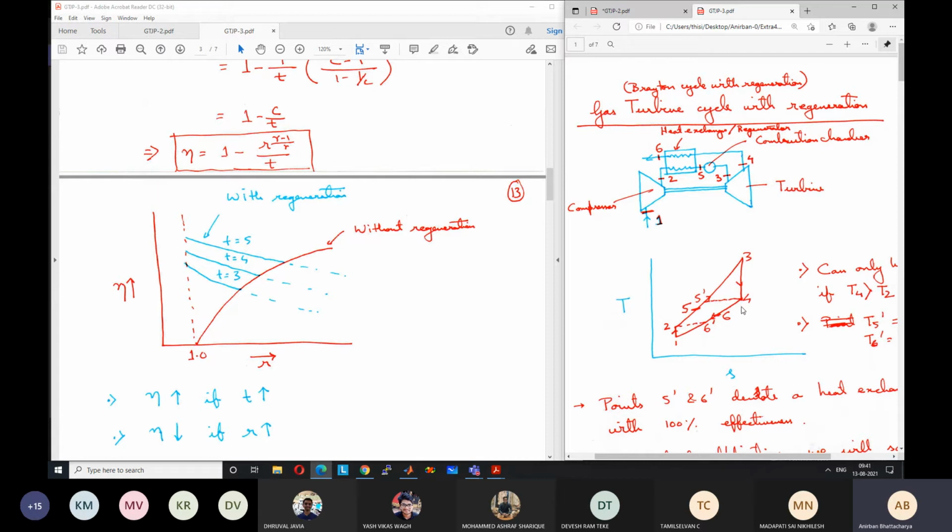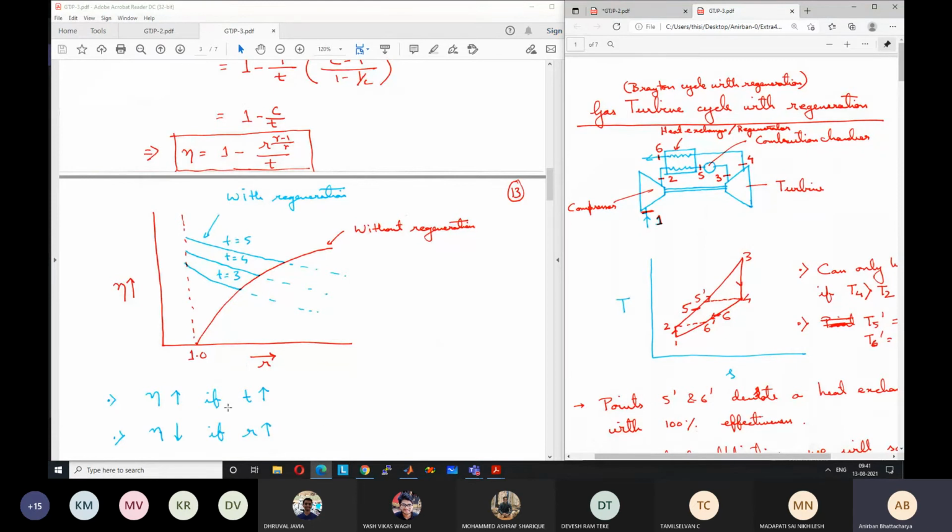The difference between T4 and T2 dictates how much heat exchange can occur. If they are very near to each other, there will not be much scope for regeneration to occur. So the efficiency will keep on decreasing with increasing R for the regeneration cycle.